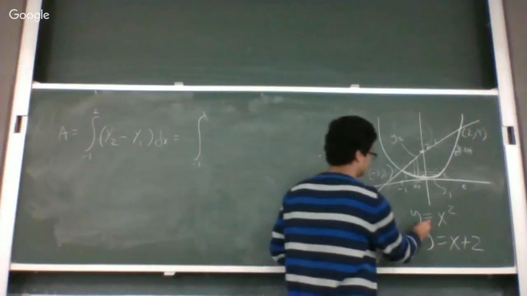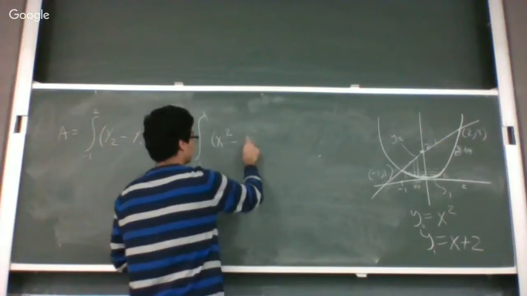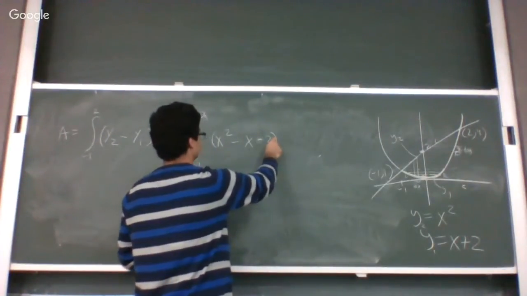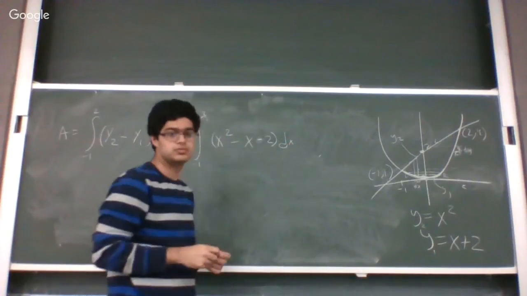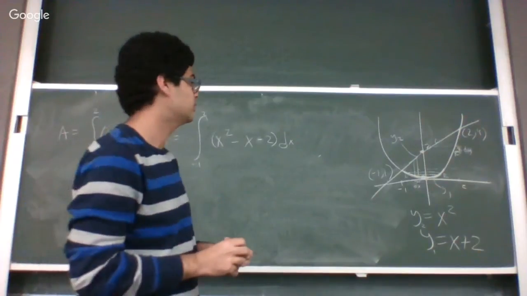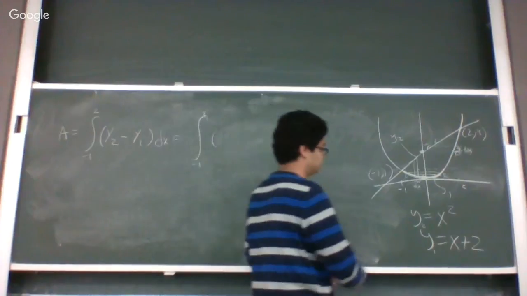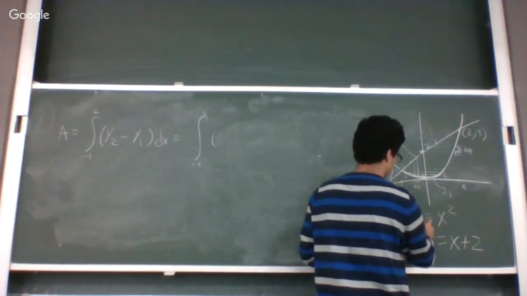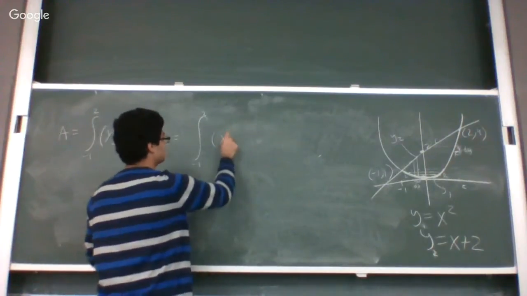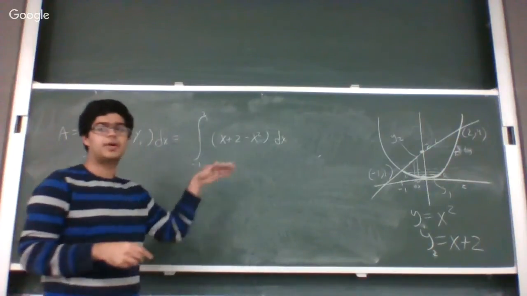So y2 is x plus 2 minus x squared. Sorry, I messed up earlier. Top minus bottom.